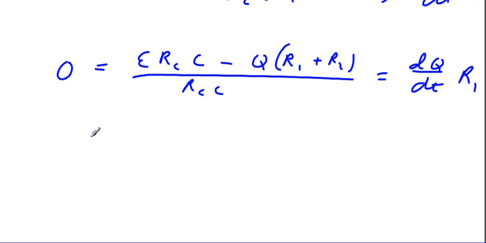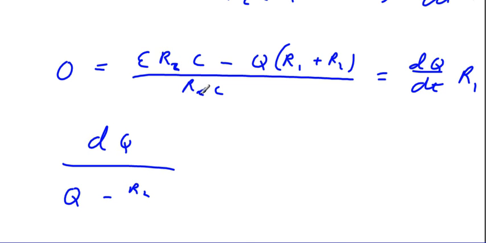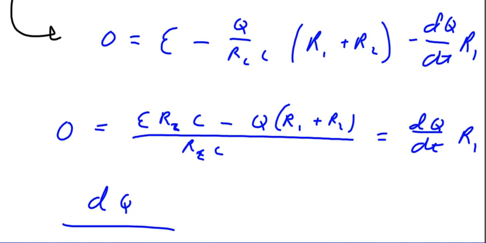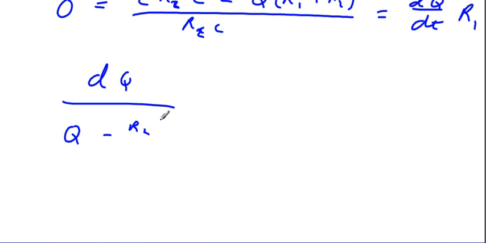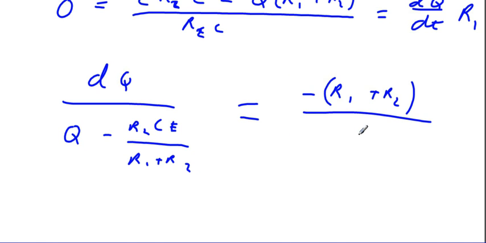Then we could rewrite that as dQ over (Q minus R2CE divided by R1 plus R2) is equal to minus (R1 plus R2) divided by R1R2C times dt.